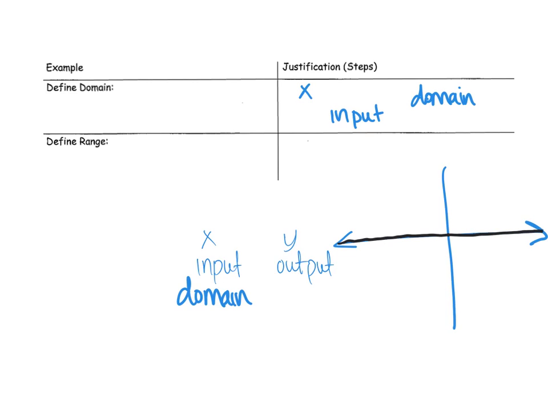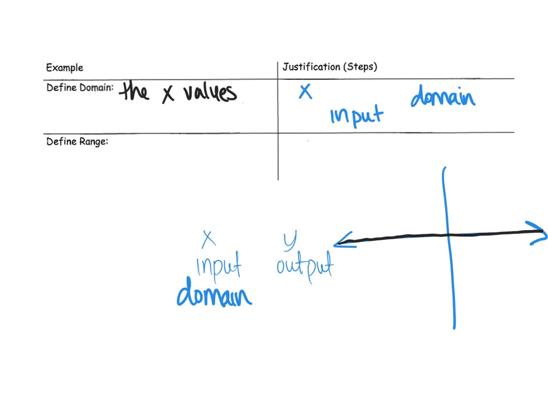Okay? So this is domain. The x values. Numbers in parentheses where the first number is an x. That's called the domain. It's just another way of saying it's the x. It's the input.